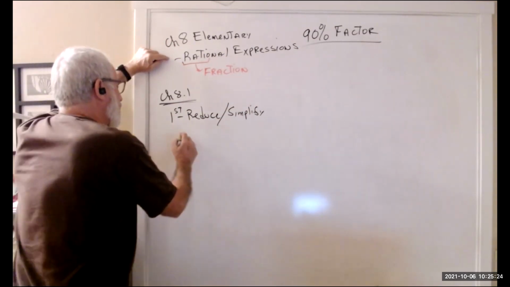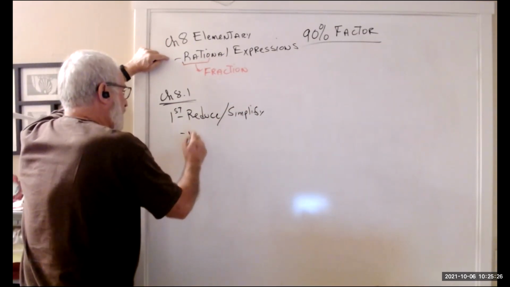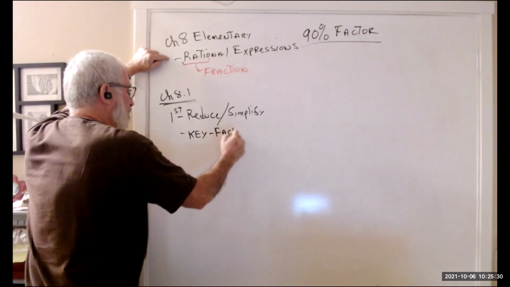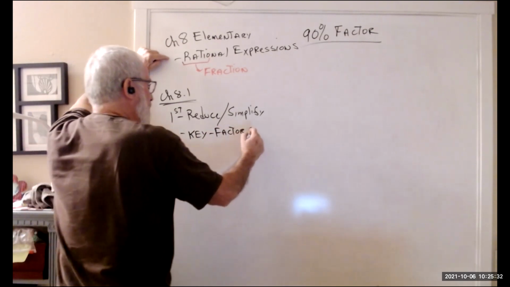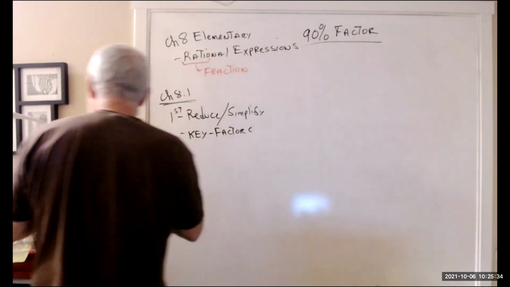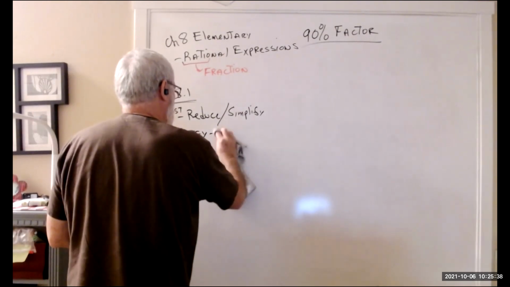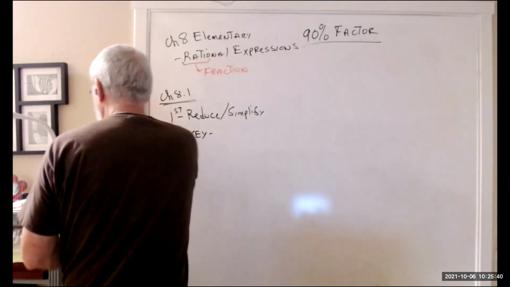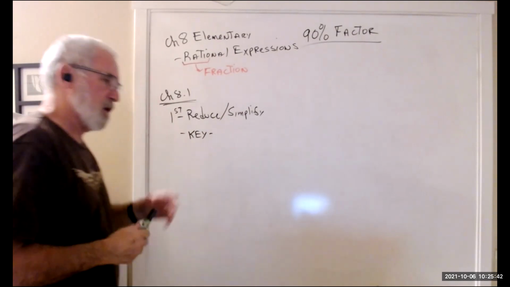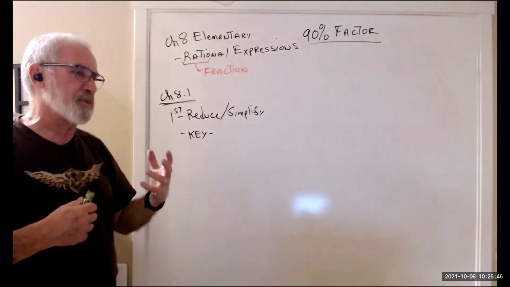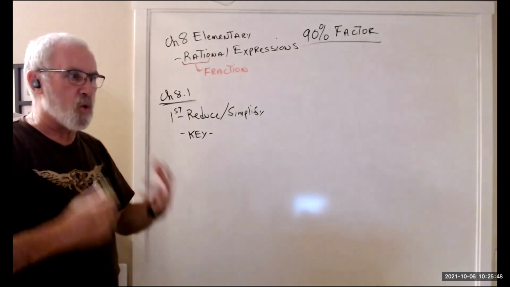And here, I'm going to write it down. Actually, let me change that. That's wrong. One of the things I noticed on the test is people did the right steps, but in the wrong order.